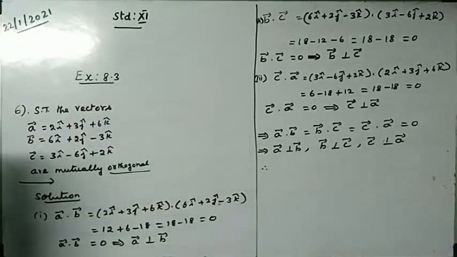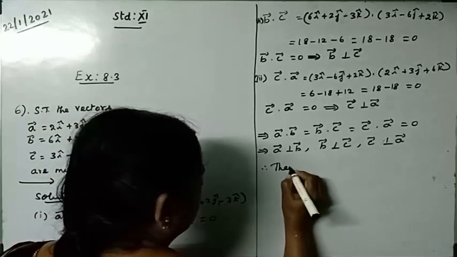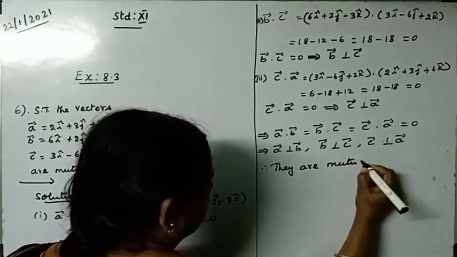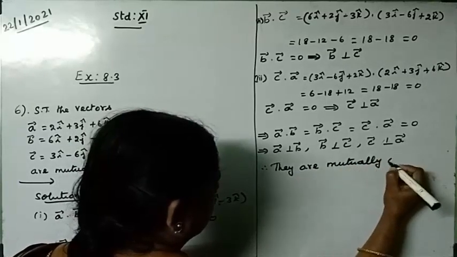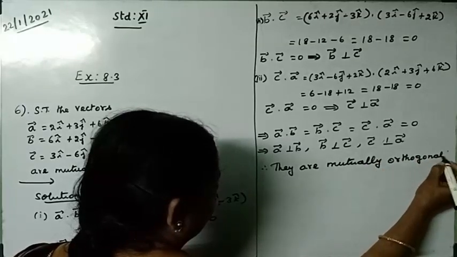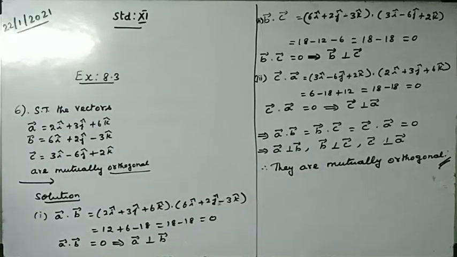Therefore, these three vectors are mutually orthogonal. Orthogonal means perpendicular. ரெண்டு வெக்டார் perpendicular proof பண்ணனும்னா dot product 0 வரணும். Okay, is it clear?